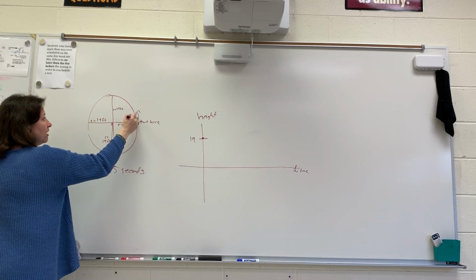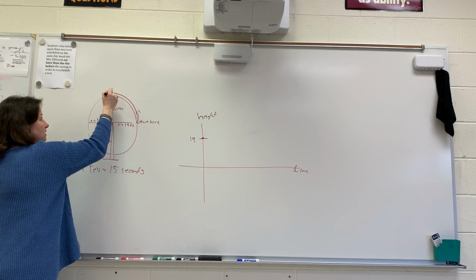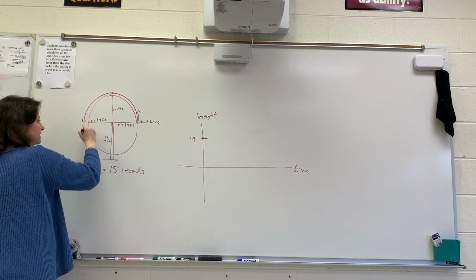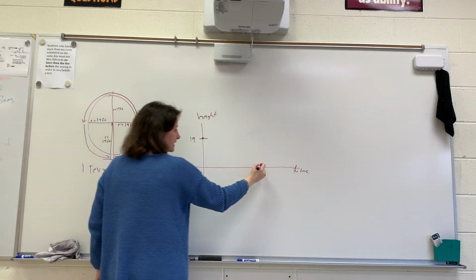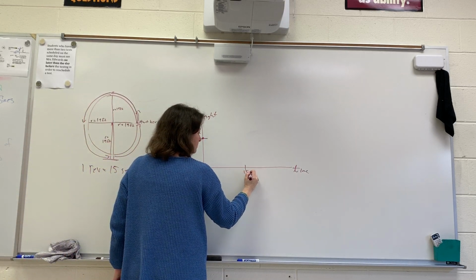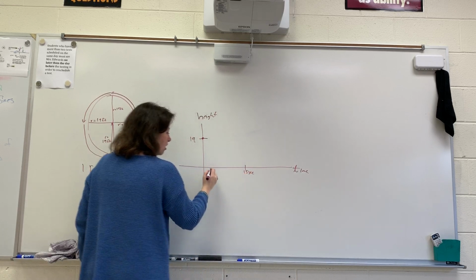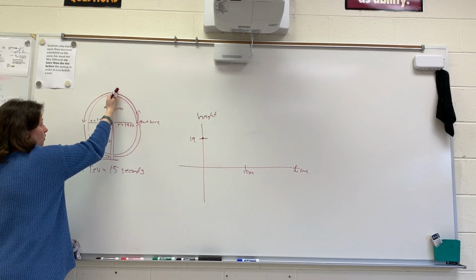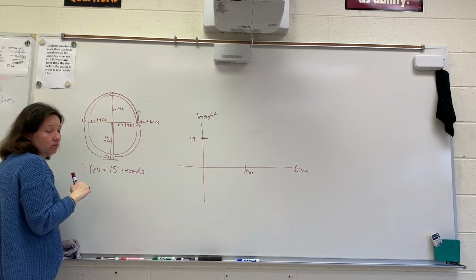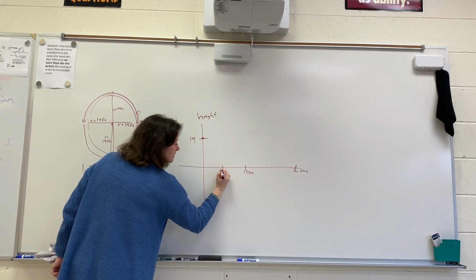Then we move in a counterclockwise direction. And it takes me how many seconds to get all the way around? 15 seconds, that's right. So where am I, time-wise, when I get halfway around the circle? 7.5 seconds.